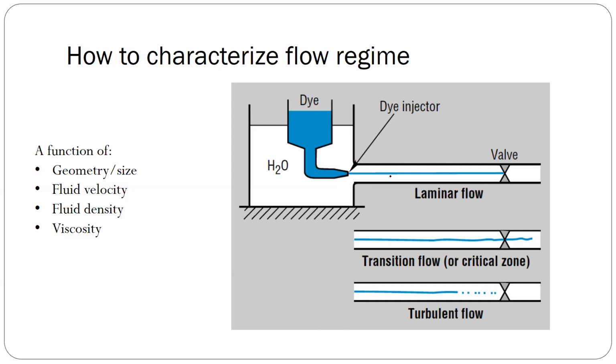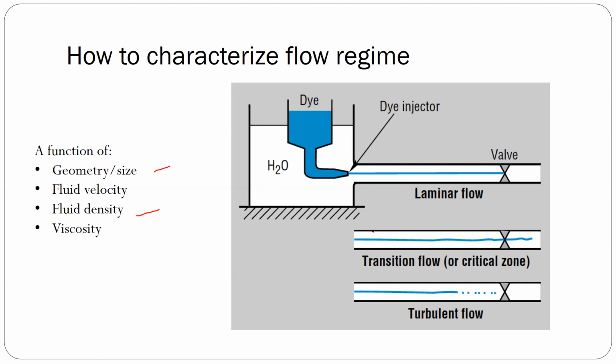So, the geometry, of course, we want to hold that as constant. There's no way we can vary the diameter of this pipe here. Fluid density, since we are using water, isang fluid lang ang gusto nating i-examine, so there's no way for us to change the density as well.